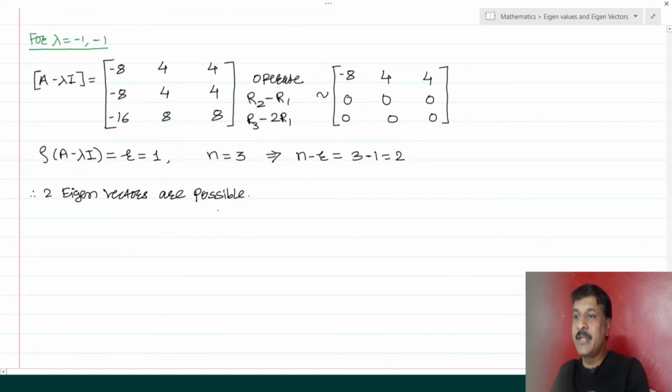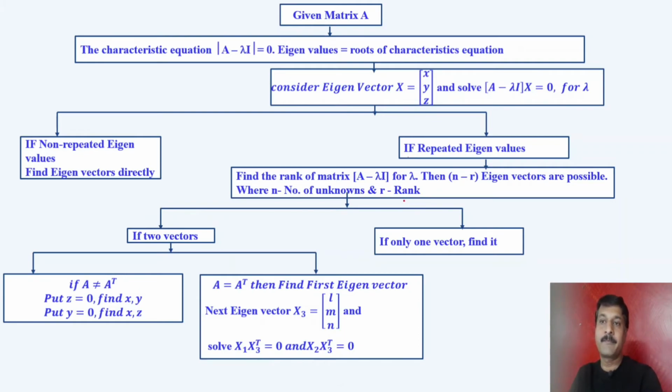Therefore here A is not equal to A transpose. Just recall the theory part. Find the rank, and if two vectors are possible, check A equal to A transpose. If A is not equal to A transpose, in this case we will get one equation: put z equal to 0, find x and y; put y equal to 0, find x and z. Means what?